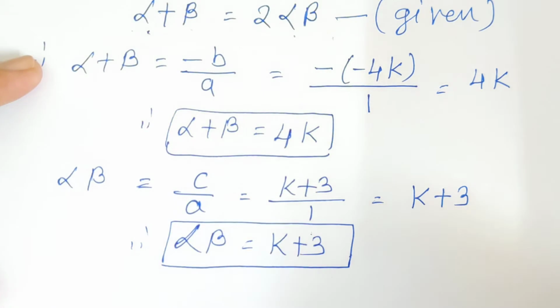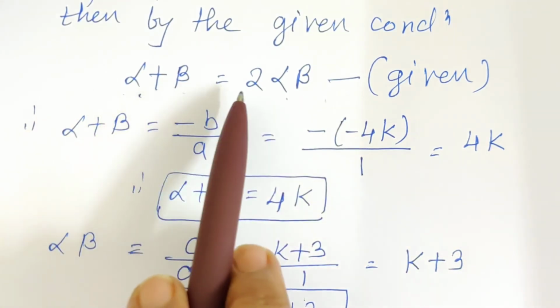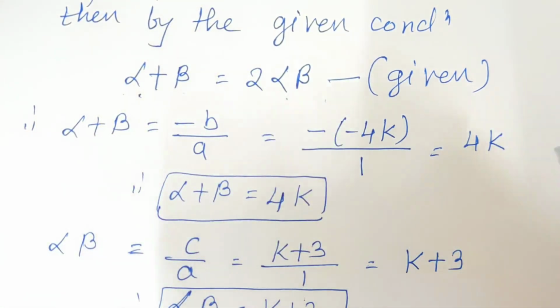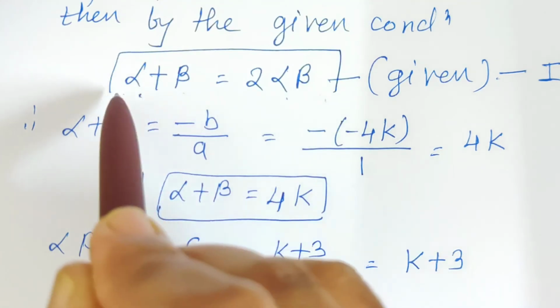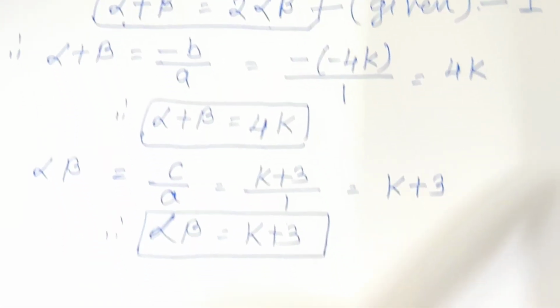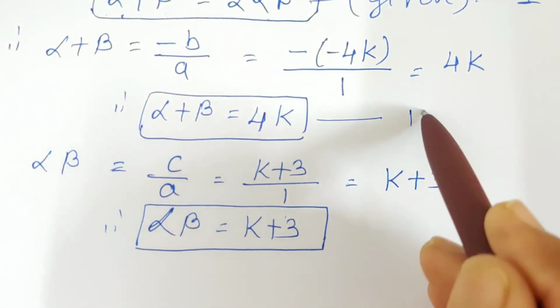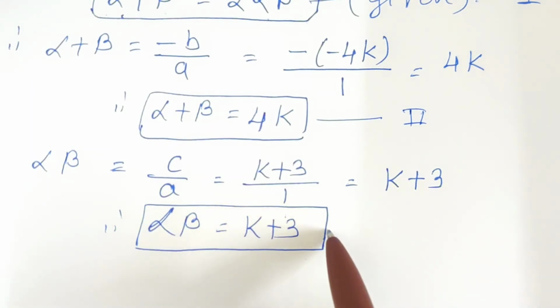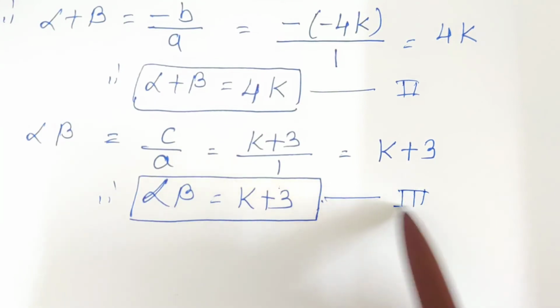Once again see what is written here. We said alpha plus beta is equal to 2 alpha beta. It is given, and we will call it equation number 1. Then separately we found the value of alpha plus beta, we will call it equation number 2. Separately we got the value of alpha into beta, we will call it equation number 3.